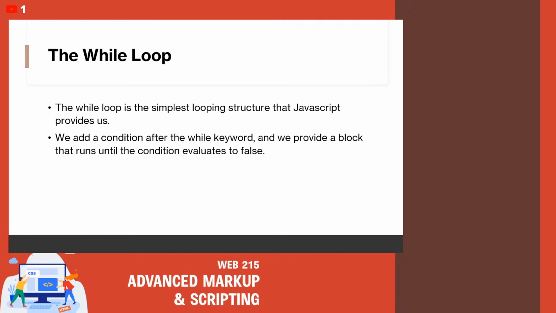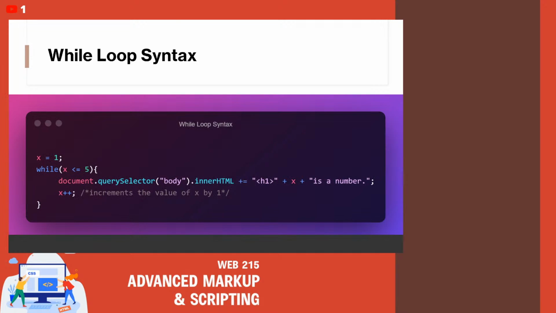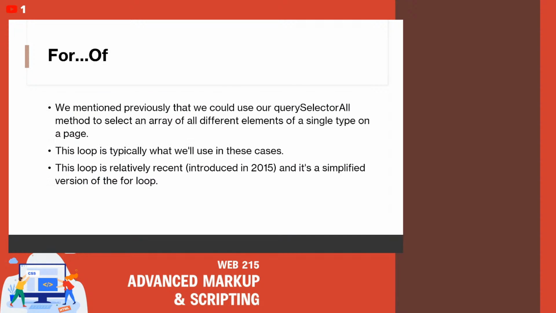And the while loop is one of the most common ones, right? We always start with a while loop. But since we are running a little short on time, I want to skip over the while loop, skip over the for loop, and talk about the for of loop.